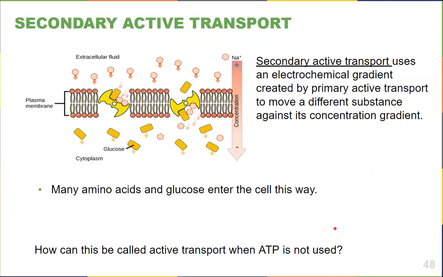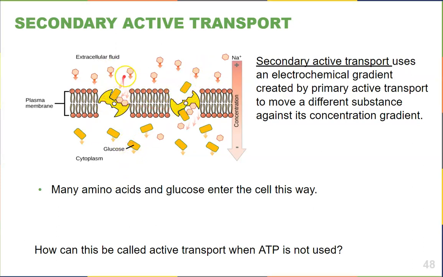So secondary active transport does not use ATP, and this uses the electrochemical gradient to its advantage, or sometimes it can use another molecule to its advantage. So amino acids and glucose enter the cell this way. Here's glucose molecules, here's sodium molecules.